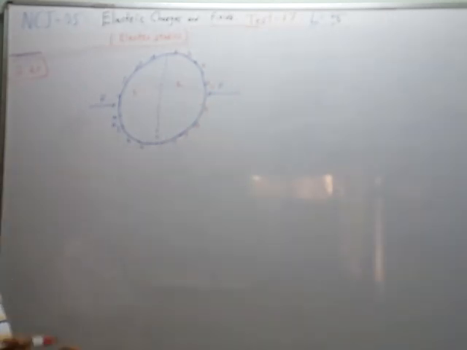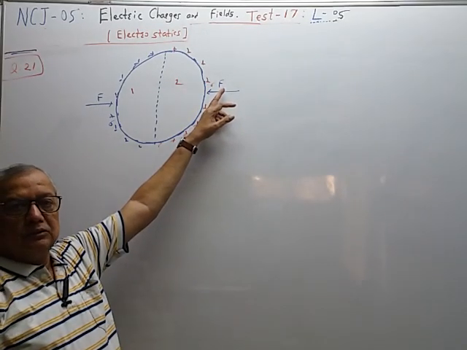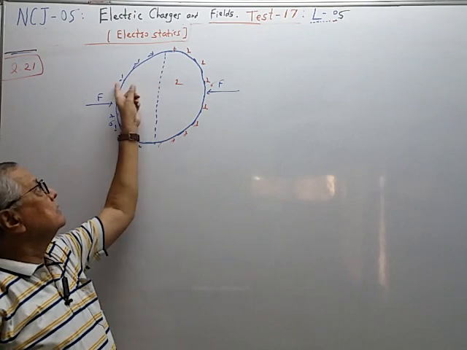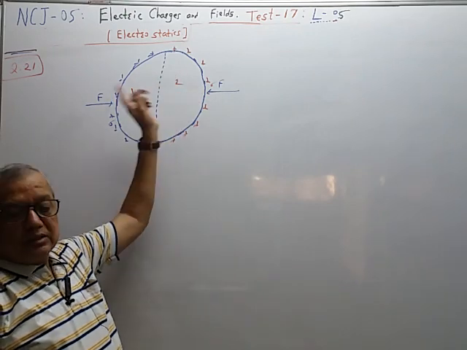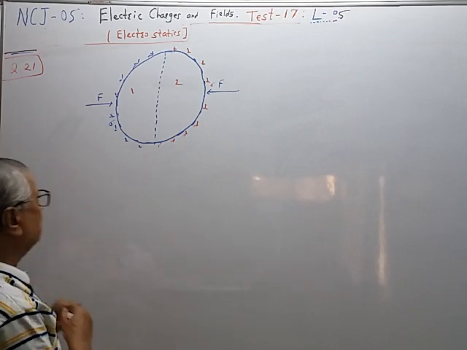So F is equal to required mechanical force. This is the mechanical force required to keep them in contact. So why force is required? This is the reason. Between positive charges on the two hemispheres, there is a force of repulsion.